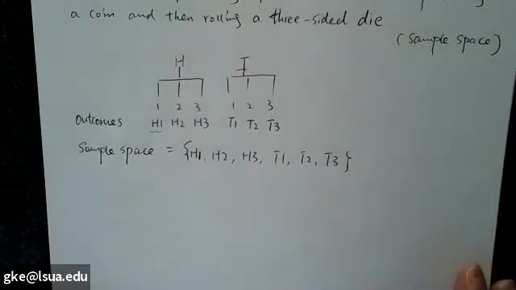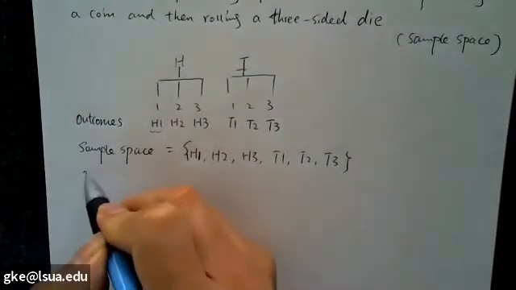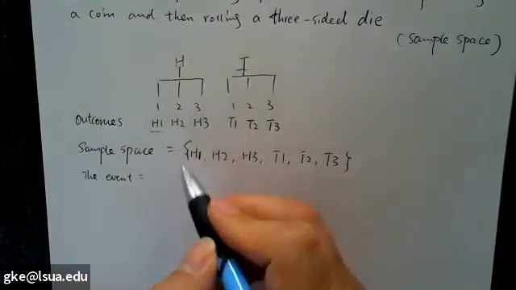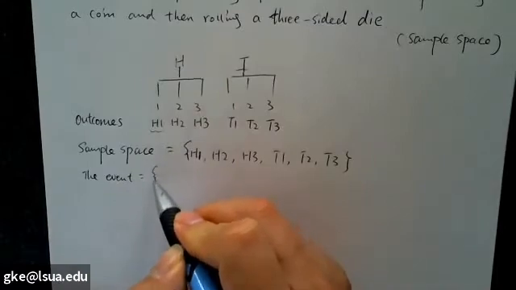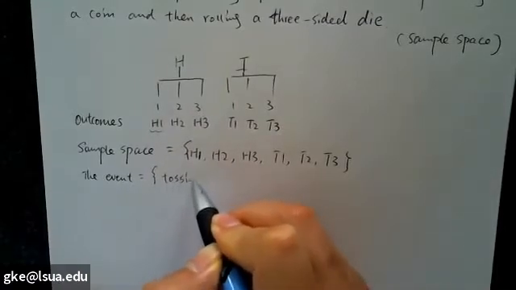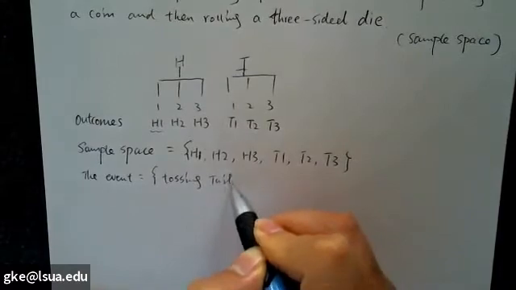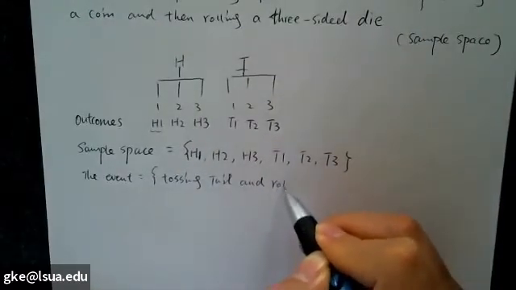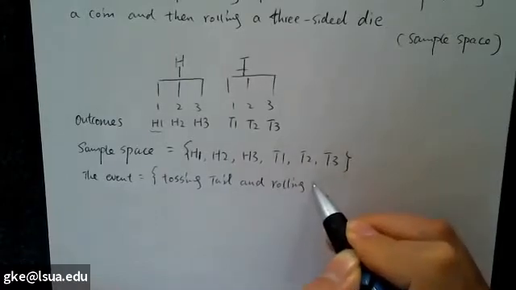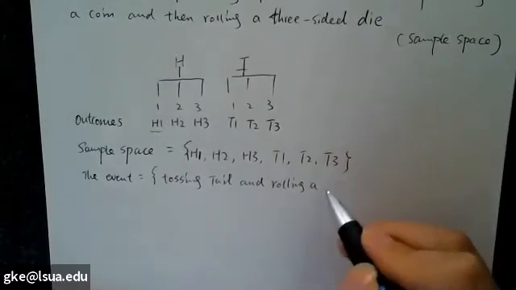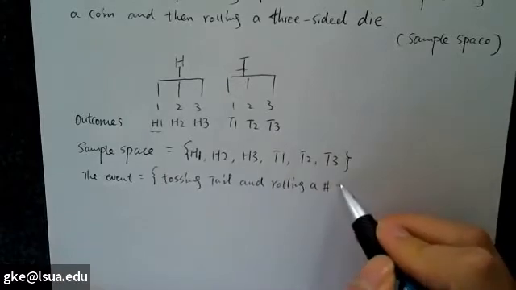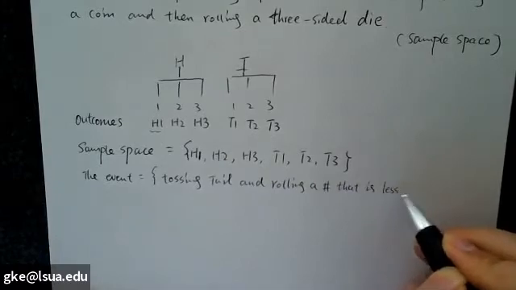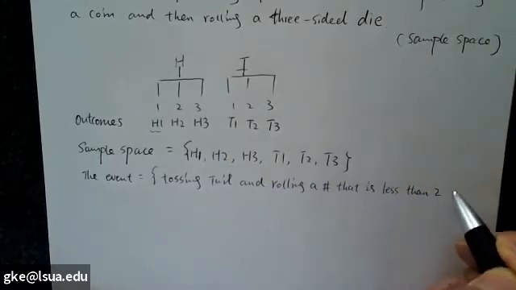And now the event: tossing a tail and rolling a number that is less than 2.